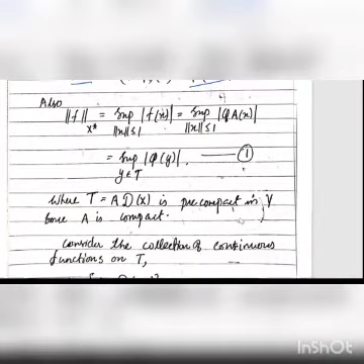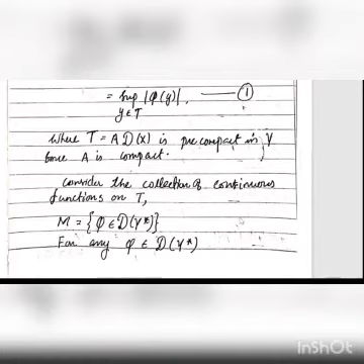So consider the collection of continuous functions on T. That means M is equal to phi belonging to D of y star. For any phi belonging to D of y star, we have modulus of phi of y always less than or equal to norm of A.